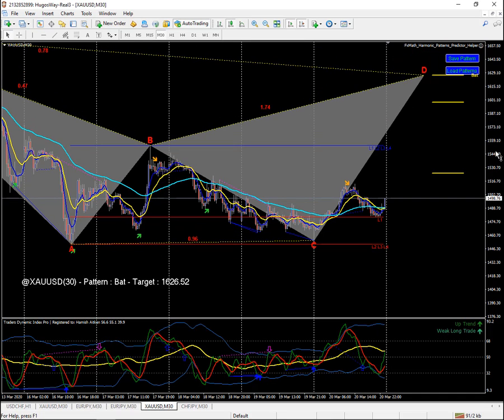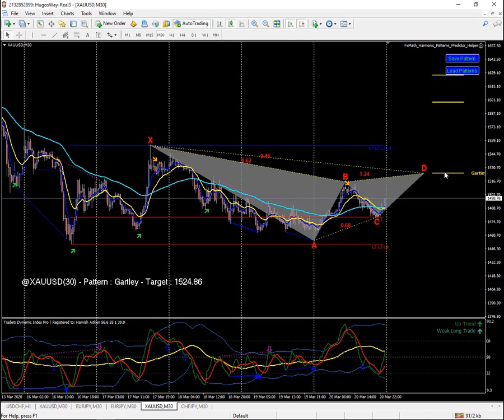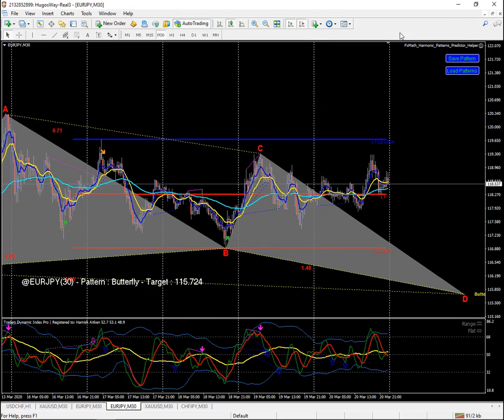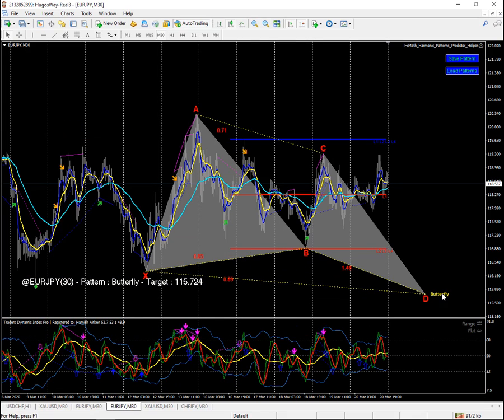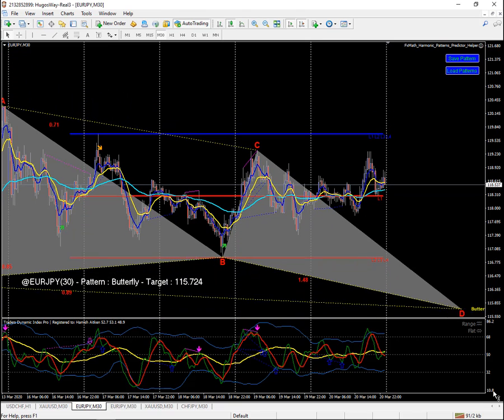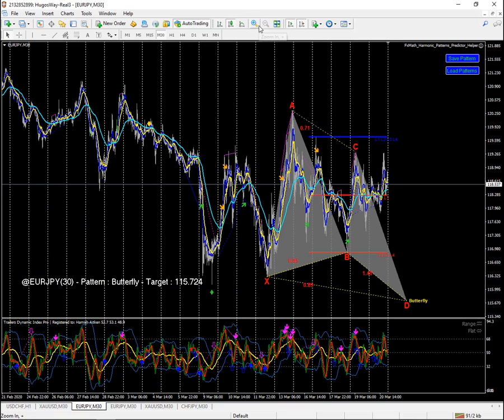There's three potential patterns for gold: a bat, a crab, and a Gartley. For EJ, it looks like we only have a butterfly.